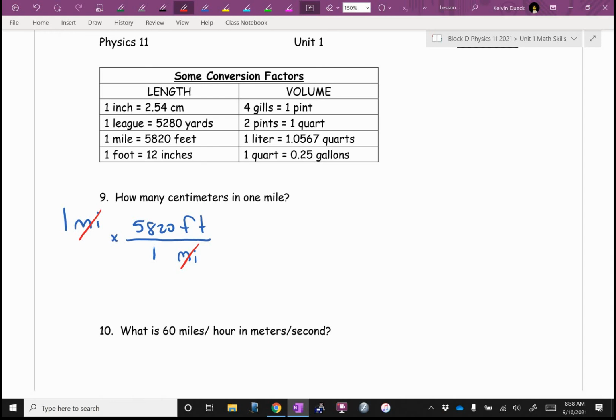So let's keep going. What can I change feet into? And what can I change inches into? See the chain? We have enough information to go from miles to feet, from feet to inches, from inches to centimeters. And we can do it exactly. Where's feet going to go in my next fraction?